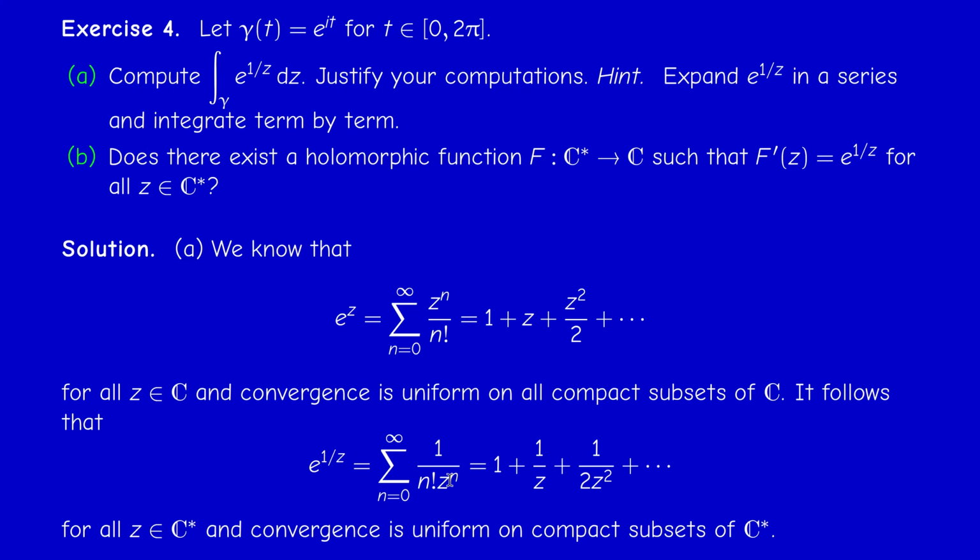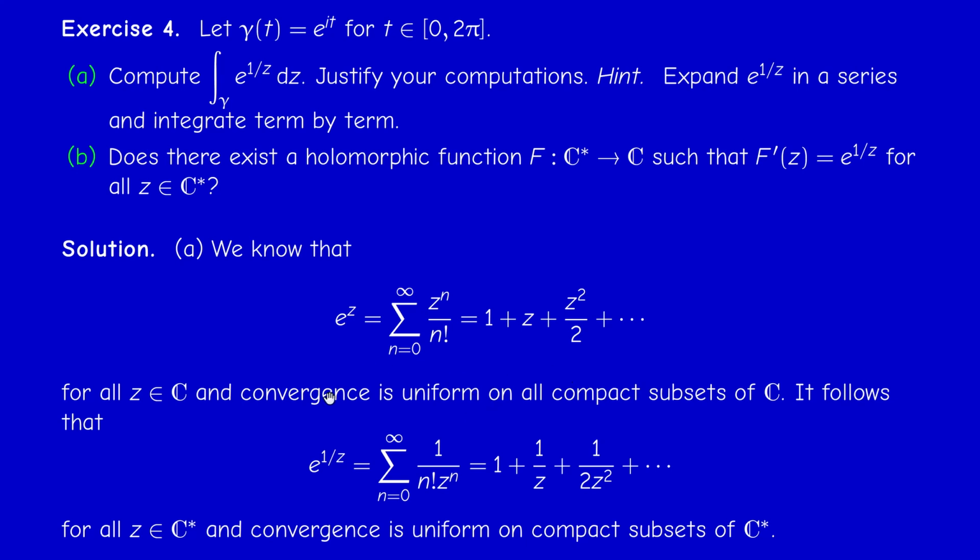And by the way, this is in chapter 3, this is called the Laurent series of e^(1/z) about 0, because this is not holomorphic at 0. Anyway, now if you follow the hint, we have to integrate term by term.